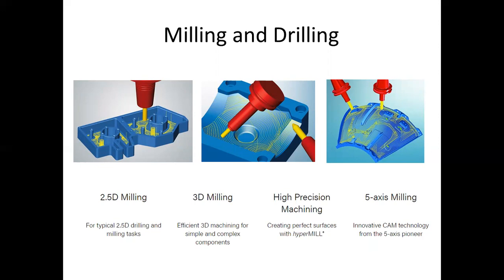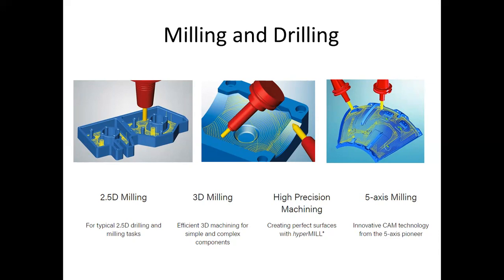So we can simulate 2.5 dimensional milling operations and drilling operations as well, and we can simulate three-dimensional milling operations with high precision machining, and also a higher number of axes of milling operation, like 4 and 5 axes, as shown in the last picture.